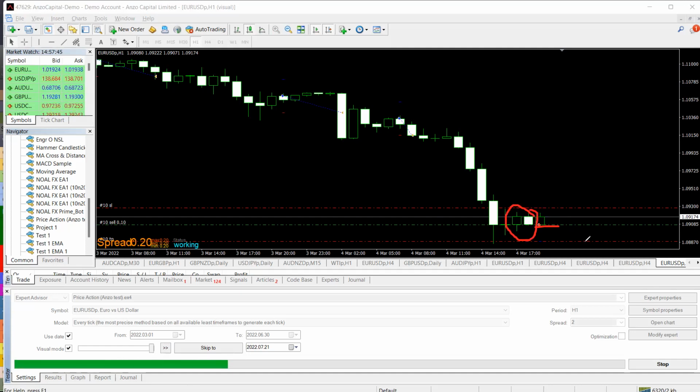Now, we probably need to modify this a little bit, because even though this is an engulfing candle, it's not taking into consideration the wicks of the candle. So we can also add another condition to take that into consideration. But it took a sell based on this engulfing, and then we set a take profit target at 20 pips and a stop loss target at 20 pips as well, right?